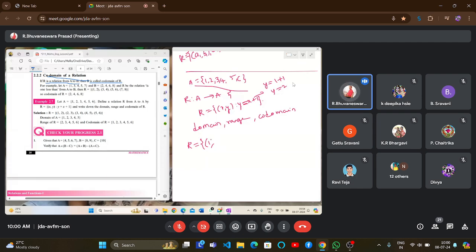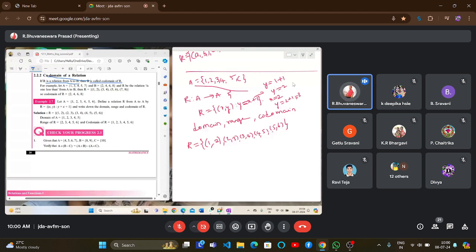Put x equals 2, then y value is 2 plus 1, so 3. So (2, 3), (3, 4), (4, 5), and (5, 6). We want to take this up to 6 for 6 elements.